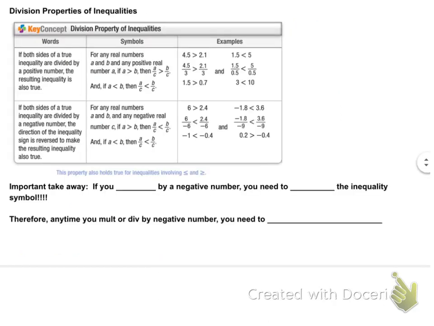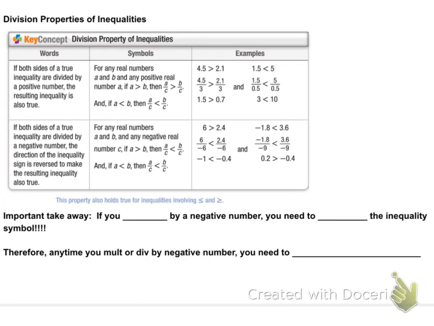It was asked already today. Well, what happens if I divide instead? Well, here they are. So again, just like the first box, this one is the division properties. And we got the words, the symbols, and the examples. Again, we'll do our own examples of the second level here.